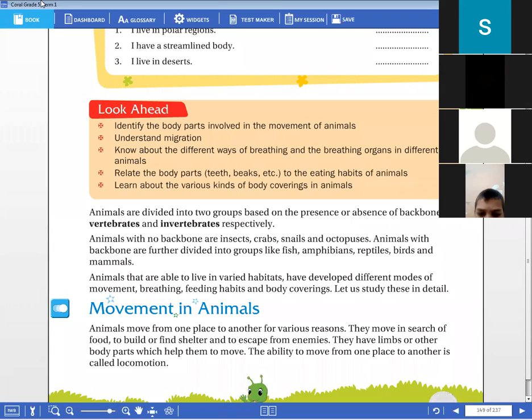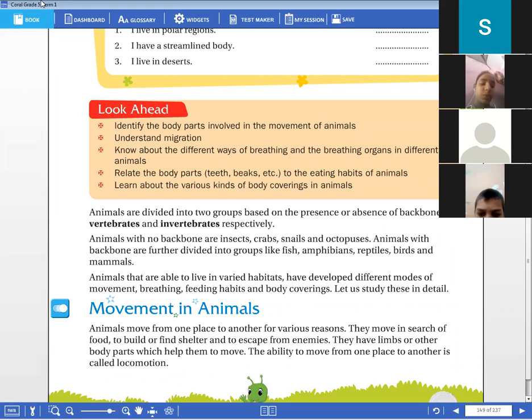Is it clear, children? Again, the animals which have a backbone are further divided, children, into fishes, amphibians, and so on. Fishes, as you all know.